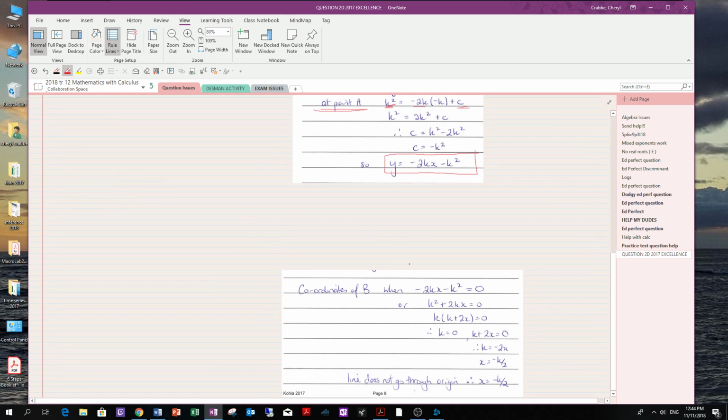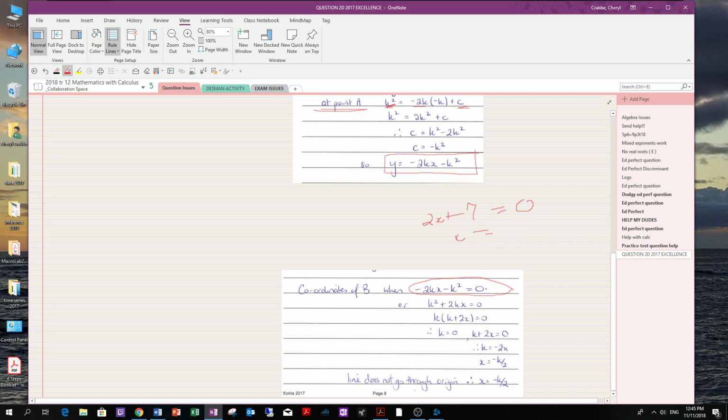So the next thing to do is to take your line equation and make it equal to 0. Don't worry about the squares and all that stuff. This is a straight line, and this is its equation.